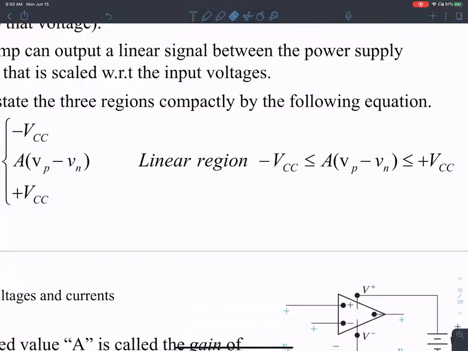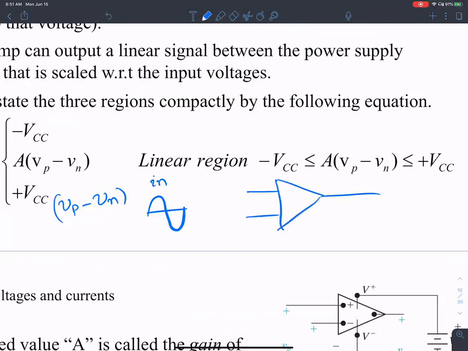Okay, so here is the idea. I'll give you a very, very simple idea. Let's say this is my input. The difference, this guy, is VP minus VN, the difference between these two terminals, the input VP and VN.